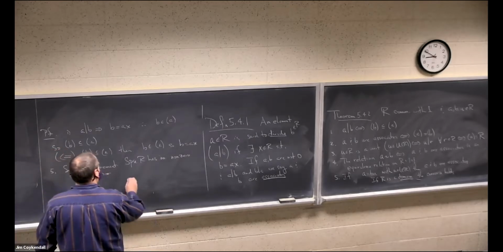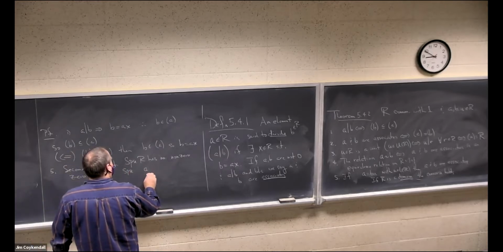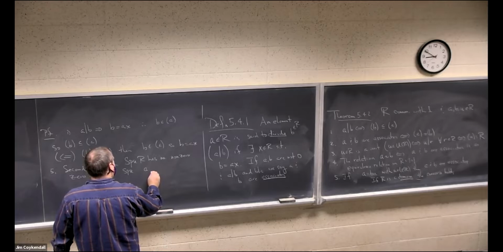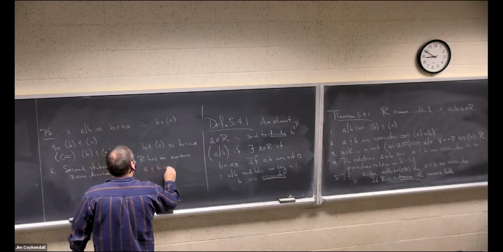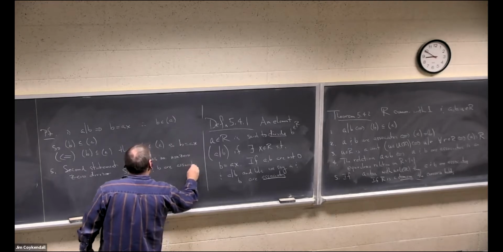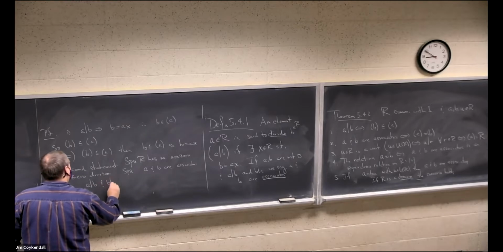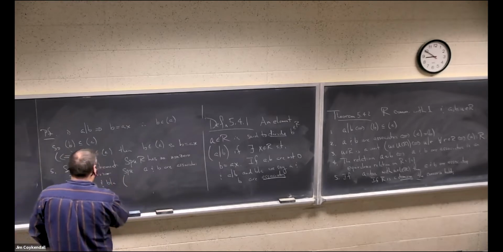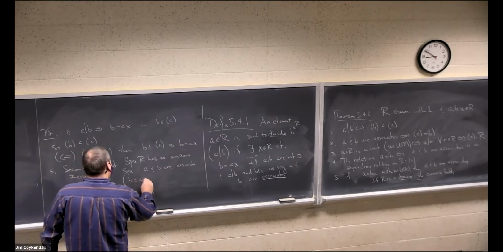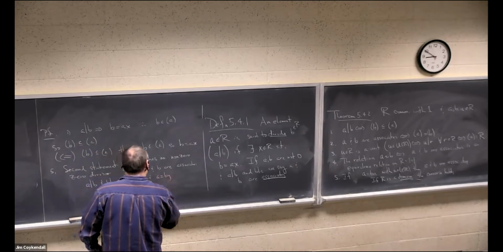And suppose A and B are associates. So this means A divides B and B divides A, which I can translate to B equals AX and A equals BY.